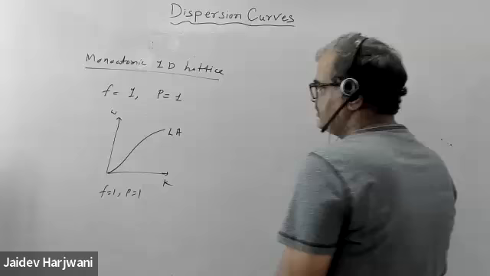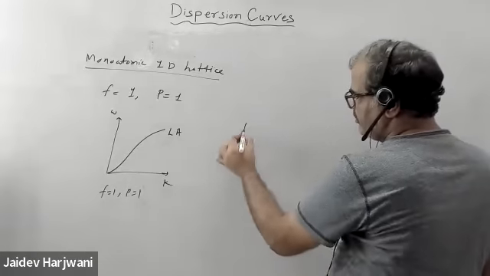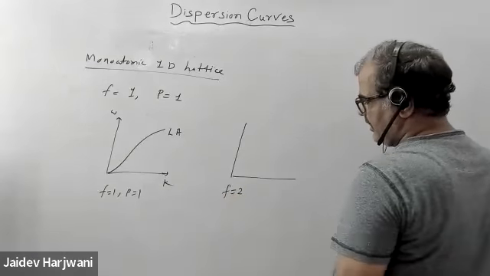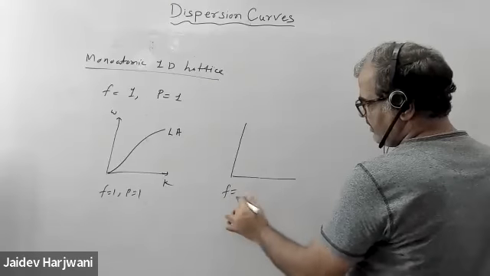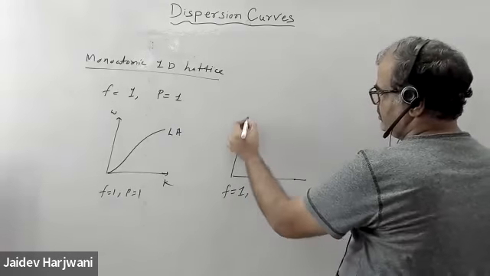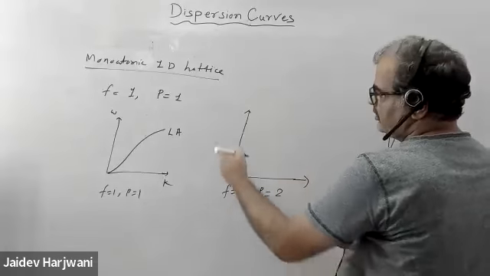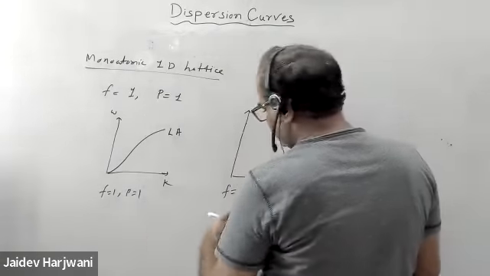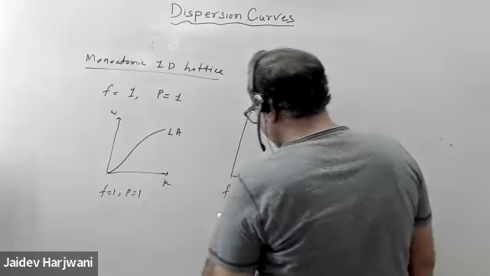Now suppose f equal to 1 and p equal to 2. In that case the total branches, fp, will be 2.